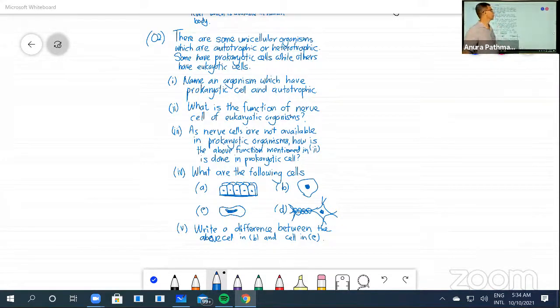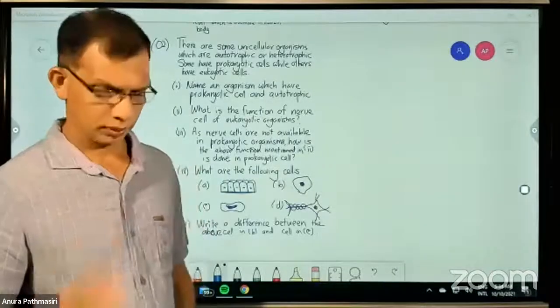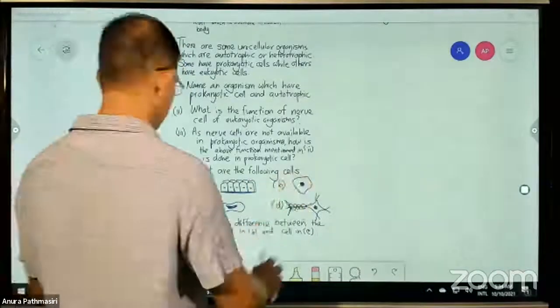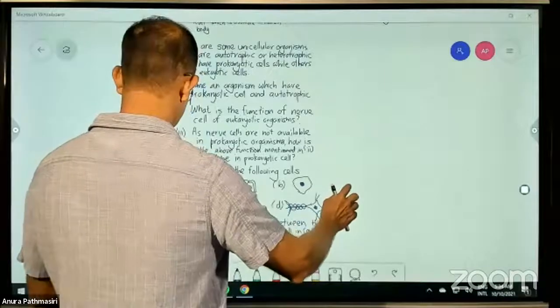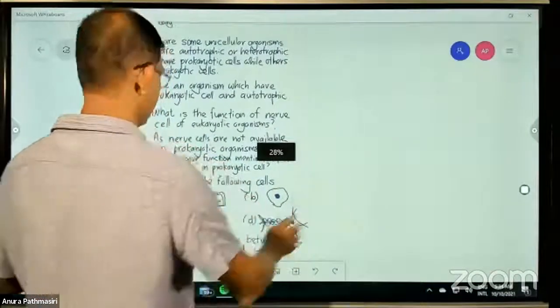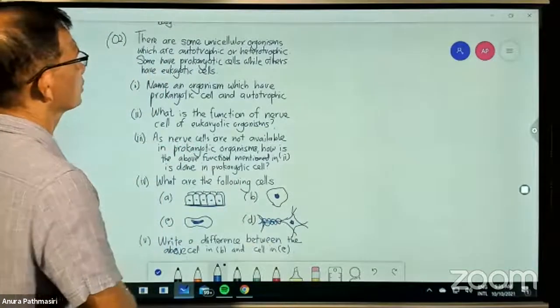Okay, let's go for the answers. There are some unicellular organisms and multicellular organisms.